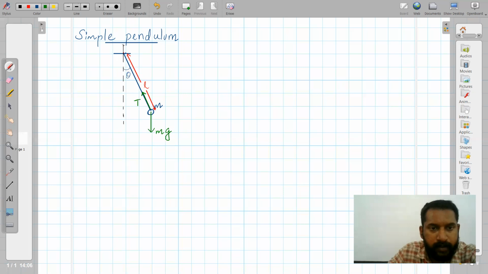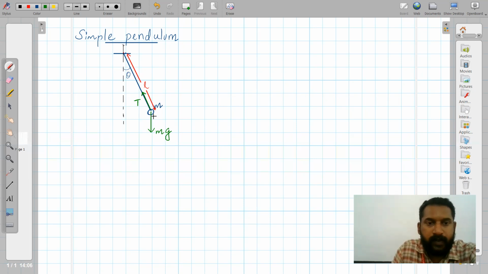At this point, it is clear that mg and T are not opposite. Hence, there will be a net force. But at the equilibrium position, mg is vertically downward and tension is vertically upward. They cancel each other, therefore the net force will be zero in this vertical position. That is why it is called an equilibrium position.